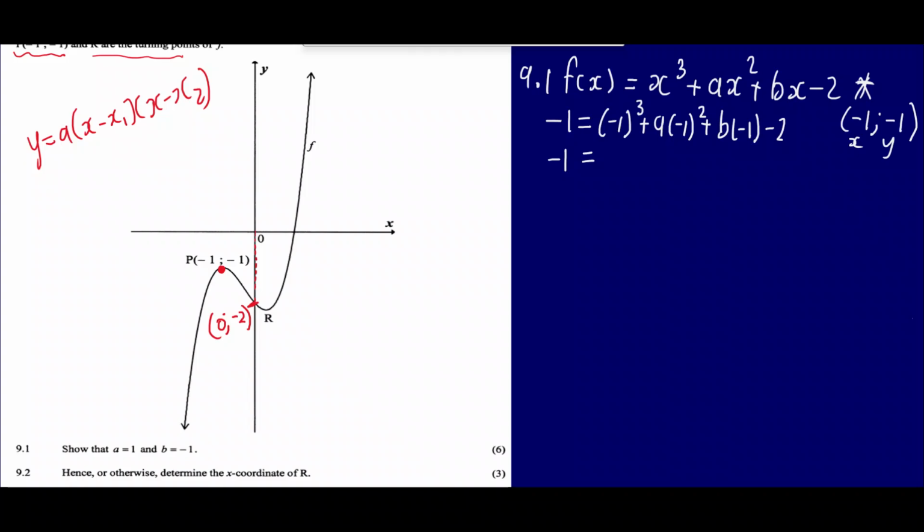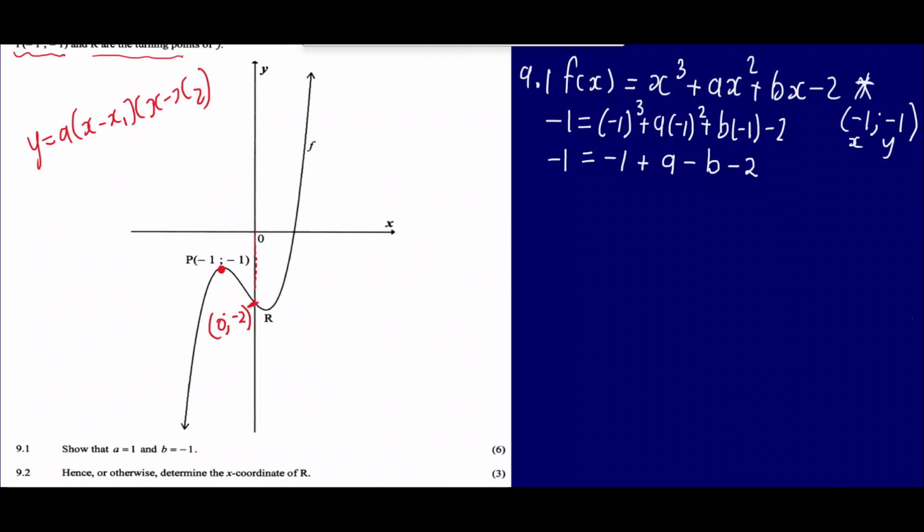So if you pay attention to this, you will have -1 this side, and if you put the brackets and put -1 and you cube it, you will see that the answer is going to be -1. And this side, if you square that inside the brackets, we will get +1. So I'm just going to write a here, and then here I will write negative b, because the negative times the positive will give negative b, right, with the -2.